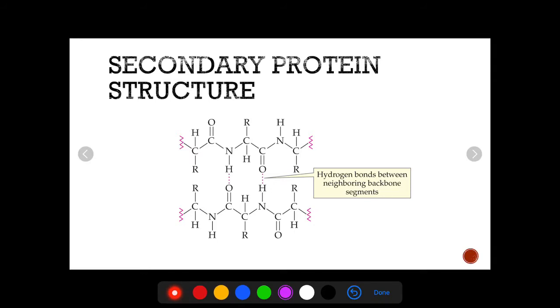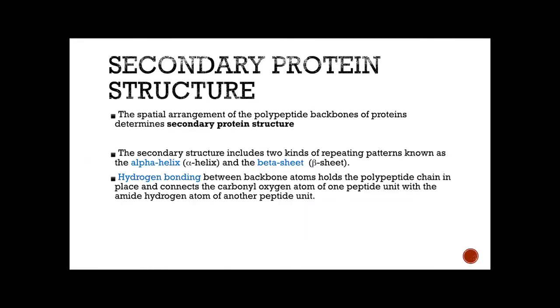Here's the oxygen on the carbonyl group, forming that hydrogen bond with the nitrogen's hydrogen there. These little dots are the hydrogen bonding taking place. There are two types of secondary structures, the alpha helix and the beta sheet, and we're going to look at exactly what those are.